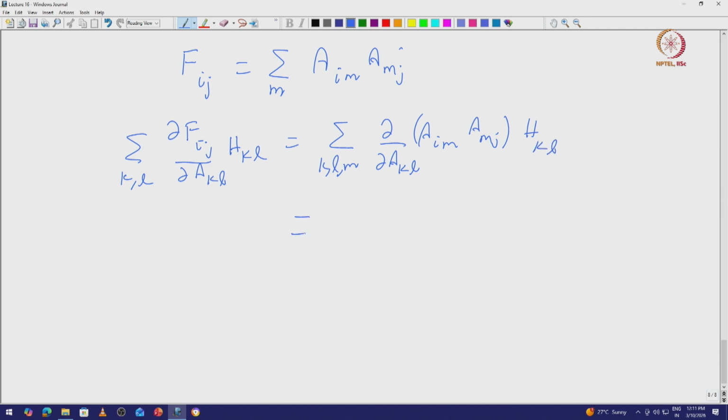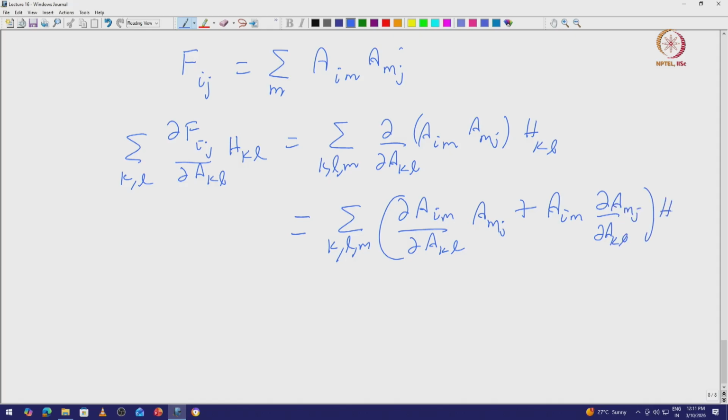What is this equal to? You can of course use the product rule. I am doing this in its full gory detail, because this is the first time we are seeing such a complicated example.